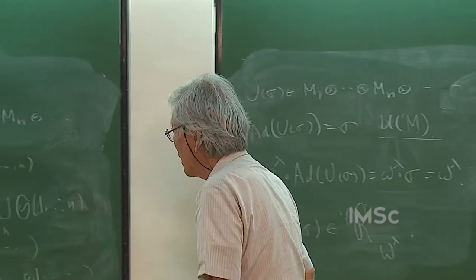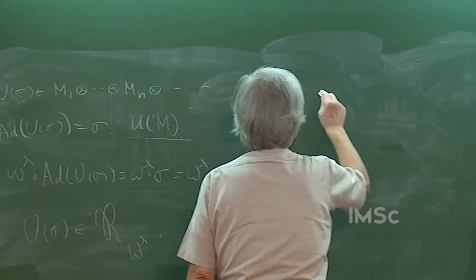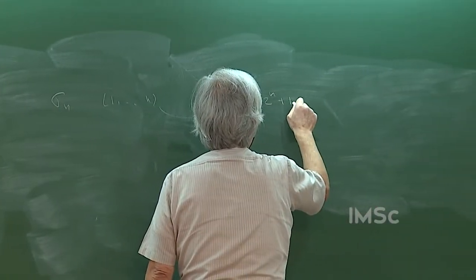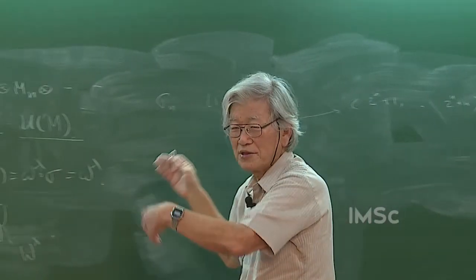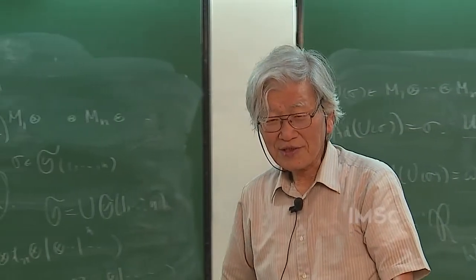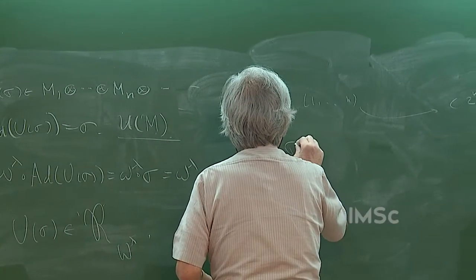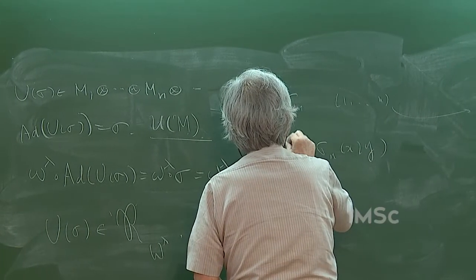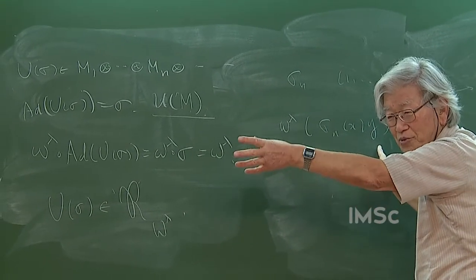Now, at the same time, say sigma n is the exchange between 1 through n and 2 to the n plus 1 through 2 to the n plus n. Just exchange them. That's easy to guess, right? Now, what happens is, consider omega lambda of sigma n of x times y. Say take x and y in the algebraic tensor product, not the completion.